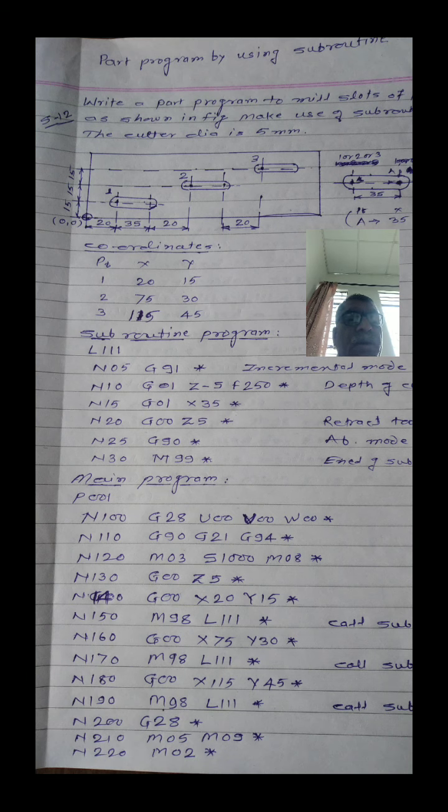G21 means all the dimensions are in metric unit. G94 feed rate in millimeter per minute. End of the block. Next, in the next block you have to start the machine. N120 start the spindle in clockwise direction, that is M03 with spindle speed 1000 rpm. M08 coolant on. End of the block.